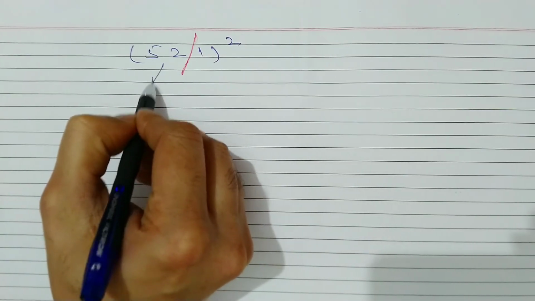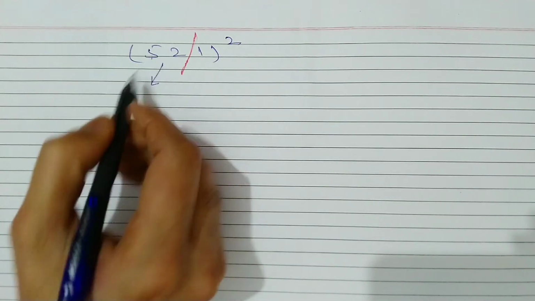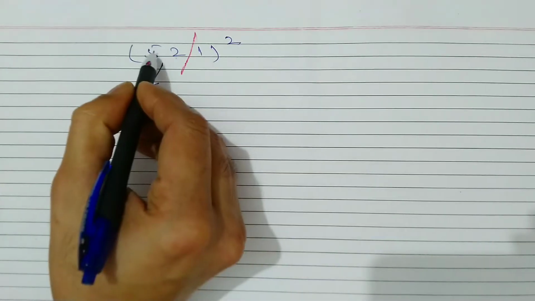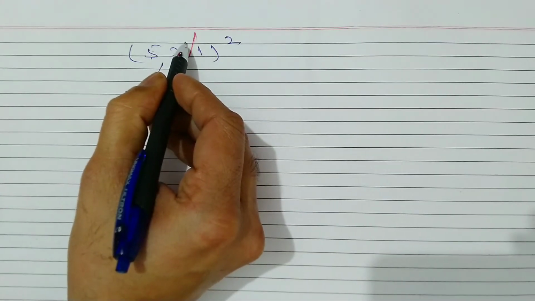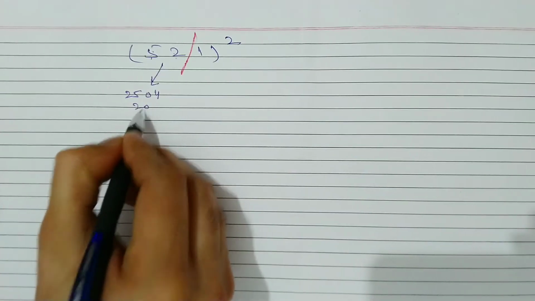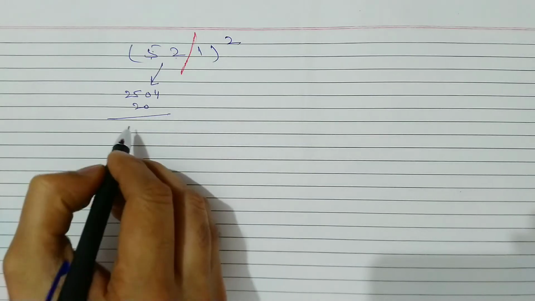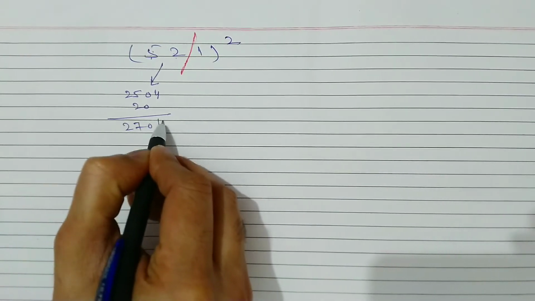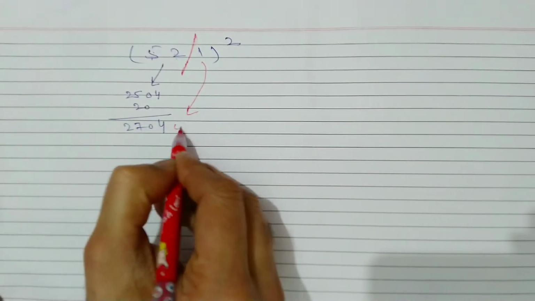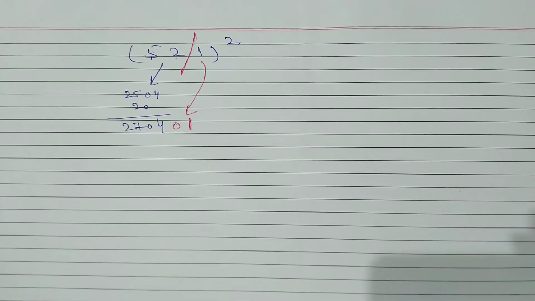The square of 5 is 25, the square of 2 is 04, 5 into 2 is 10, 10 into 2 is 20, giving 2704. And the square of 1 is 01.